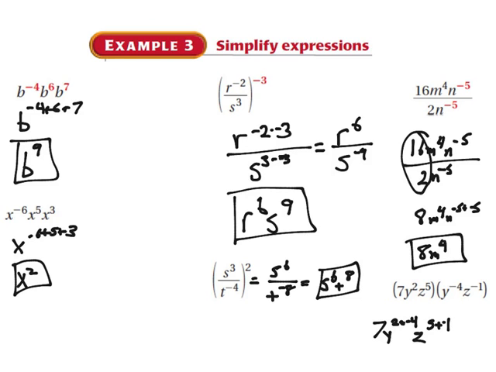And we end up with 7 y to the negative 2nd, z to the 4th. And so we've got to rewrite this as 7 z to the 4th over y to the 2nd. And that is our solution. 7z to the 4th over y squared.